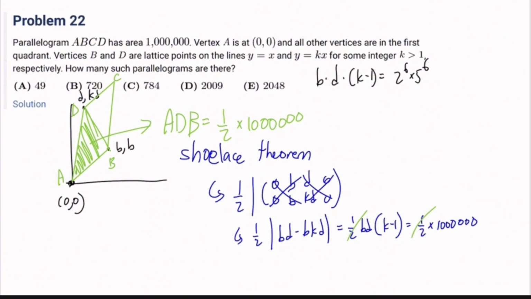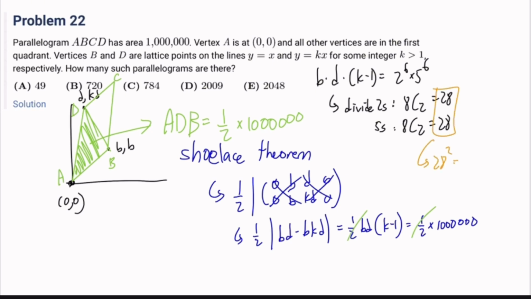The number of ways of dividing 2 to the 6th power into 3 slots is 8 choose 2, and the same thing for dividing the 5's, which is also 8 choose 2. Since 8 choose 2 is 28, we just multiply those together, so it's 28 squared, which is 784. And so this is our answer, it's C.